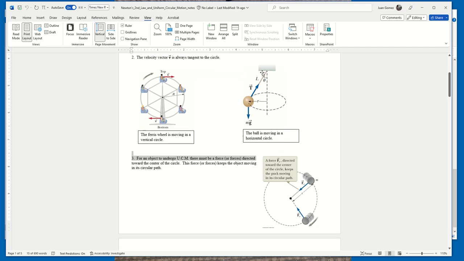So for the conical or spherical pendulum, the only two forces acting on the object are its weight, mg, in the negative y direction, and, again, mass connected to a string, there's a tension force T, and remember it's directed away from the object but along the string. Because the speed is constant, the radius of this horizontal circle will never change, and the angle will never change. So that guarantees you that theta and r will not change. And obviously L, the length of the string, will not change.